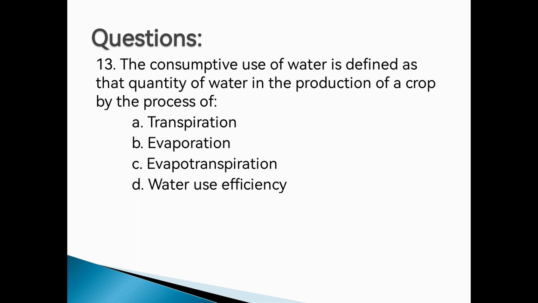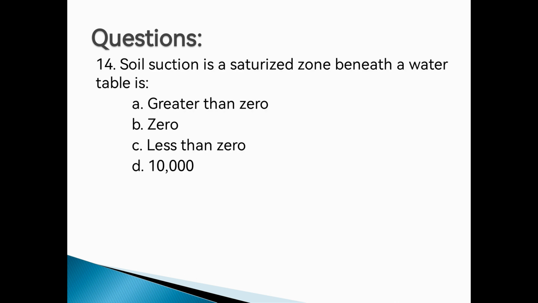The correct answer is C. Evapotranspiration. Question number 14. Soil suction in a saturated zone beneath a water table is A. Greater than 0. B. 0. C. Less than 0. D. 10,000.